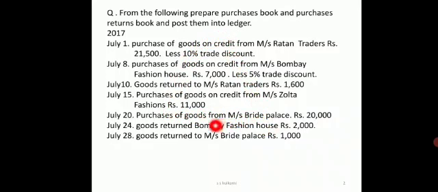From this, first we have to pick up all the purchase transactions and prepare the purchase book. Then the remaining transactions will be pertaining to purchase returns, and those transactions have to be written in the purchase returns book.